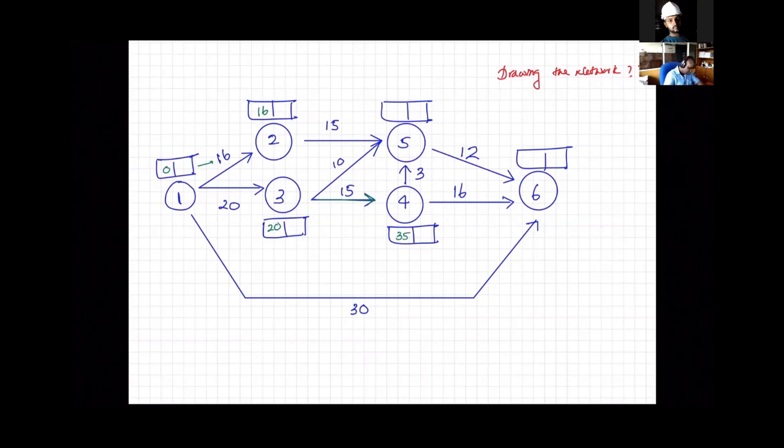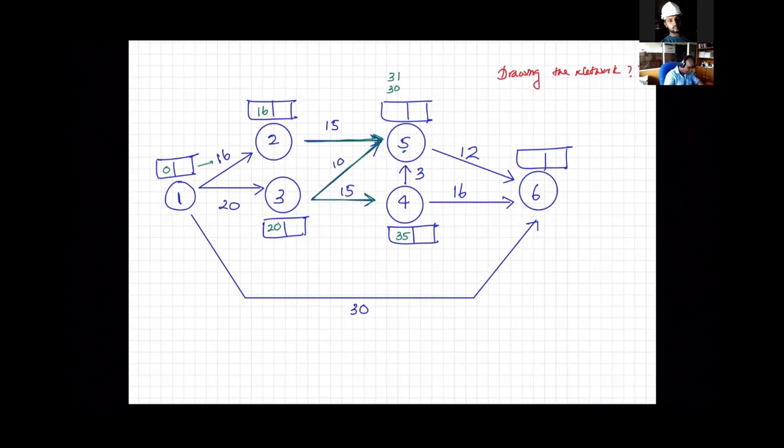For this 5, we have 2 arrows. 1, 2. And from this arrow, it's 16 plus 15 is 31. From this side, it's 30. So we have explained the reason very clearly last time.